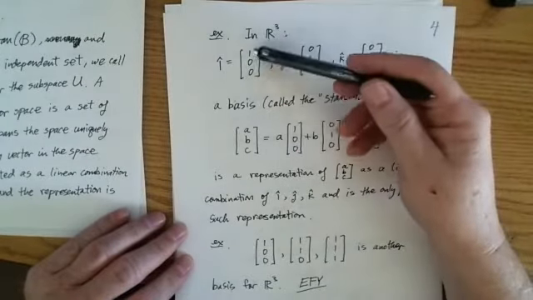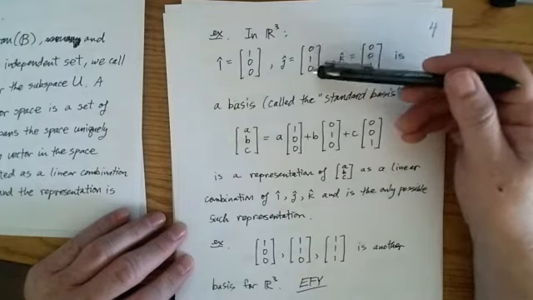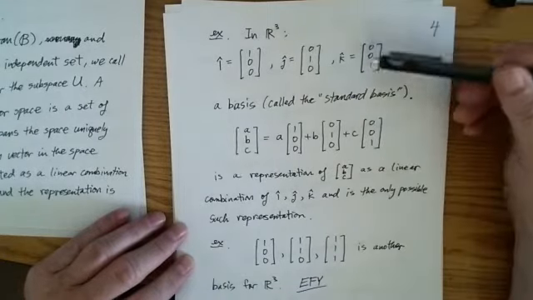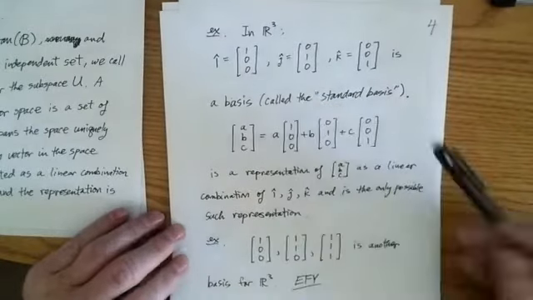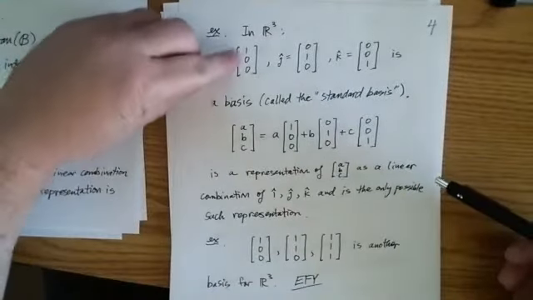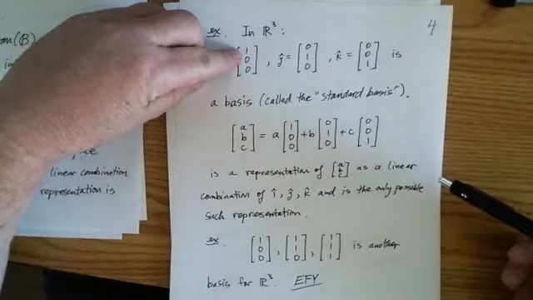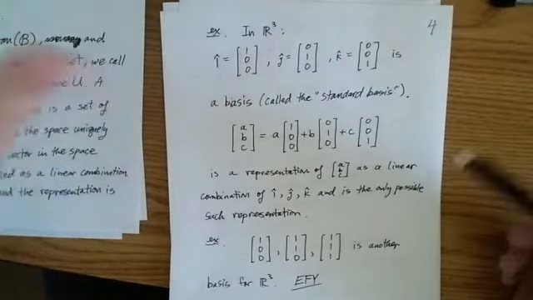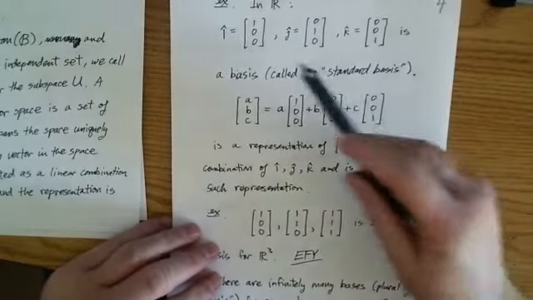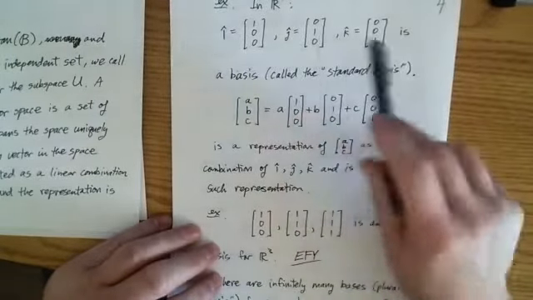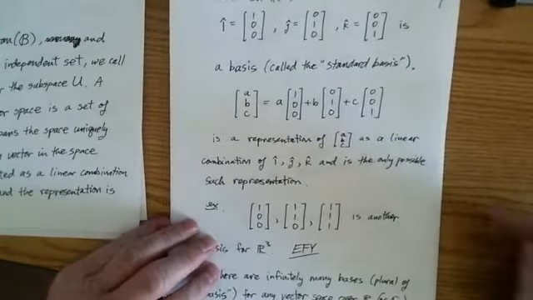So that would be a 1 with zeros, then 0, 1, and then zeros, and so forth down the line. So you could create this in R4, R5, R6, the standard basis: 1 in one of the places, zeros everywhere else. And then you're actually going to have n of them in general. In this case, n is 3. We've got 3 standard basis vectors.